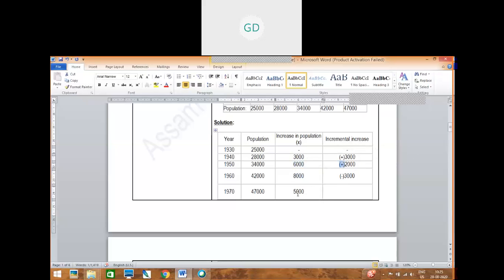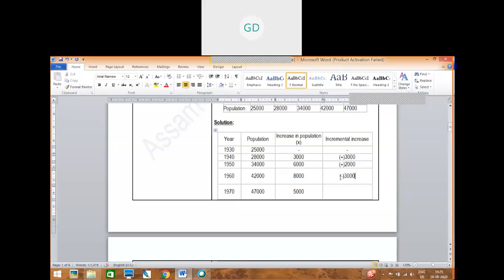But in the third one, it is 5000 minus 8000, that means minus 3000, so we are giving a negative sign here. Am I clear up to here? Is it clear? Yes.